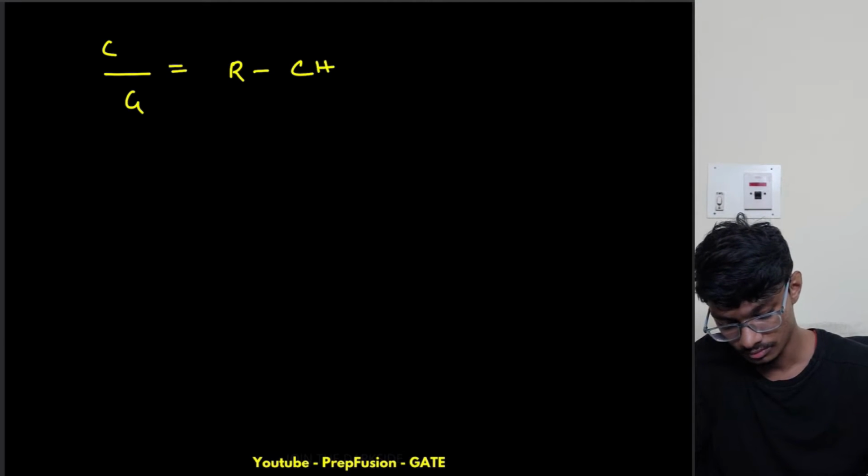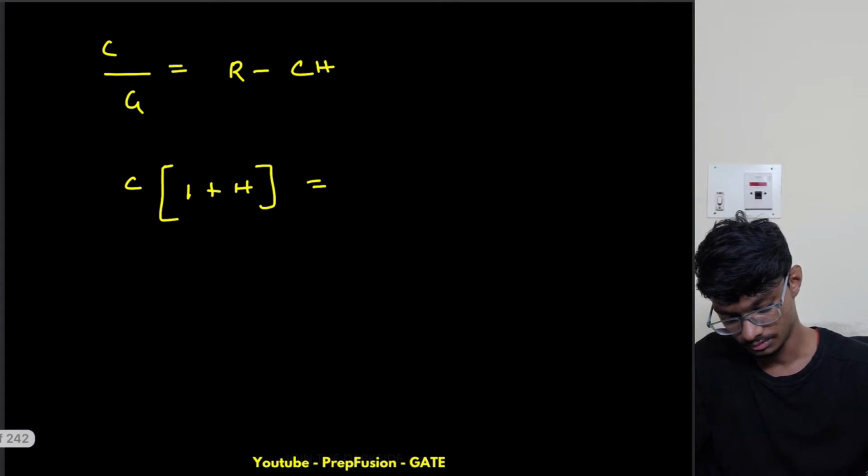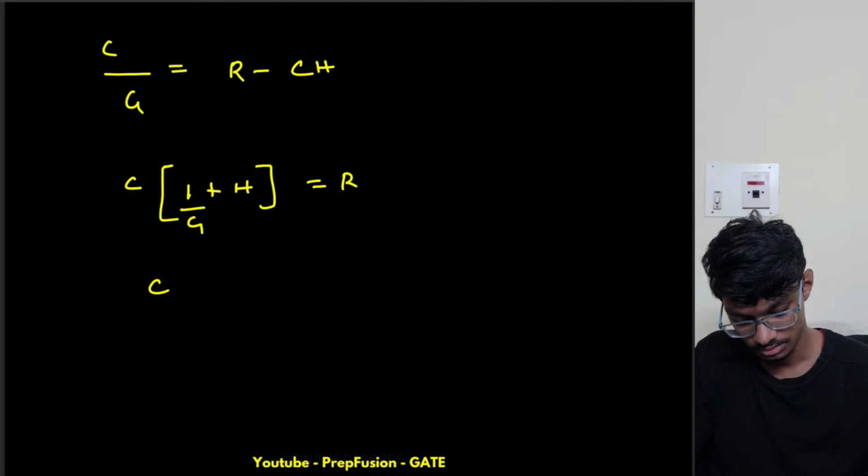Okay, so again this is just normal arithmetic. 1 plus GH equals this one, I think. This one was 1 by G, this is R. So what is C of S by R of S?